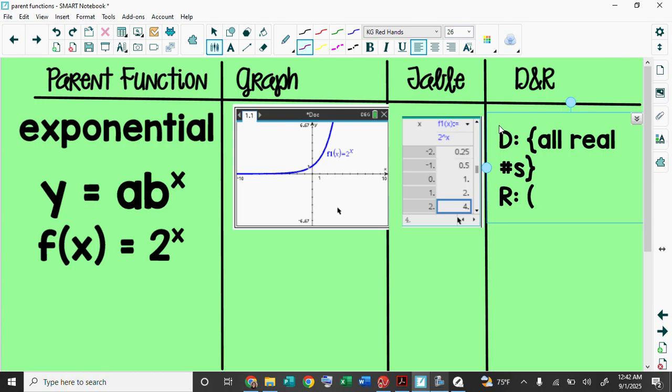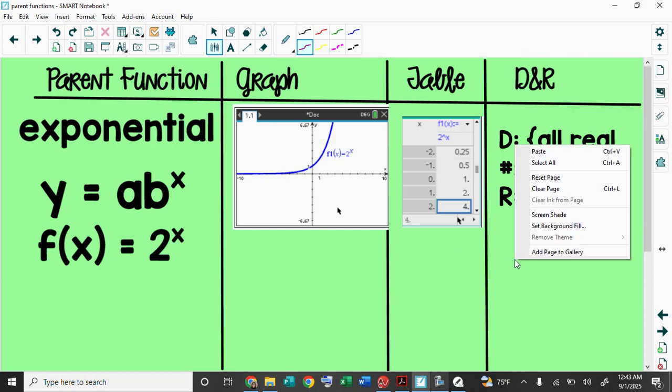A range is all the numbers that are greater than 0. A while ago, I could include my 0, but this one just gets closer and closer and closer and doesn't touch it, and so it's got to be greater than 0. Make sure that that is the right thing and not the parentheses.